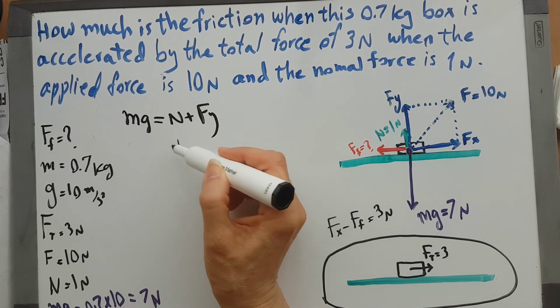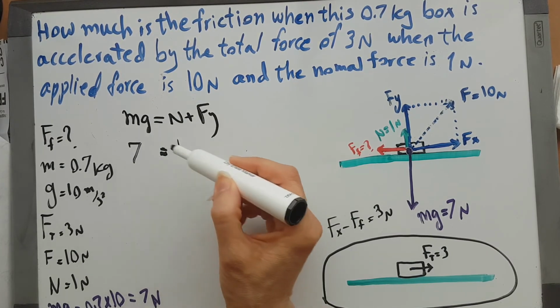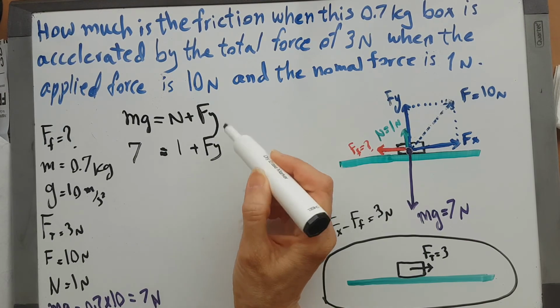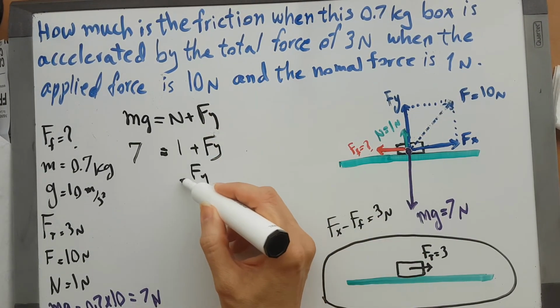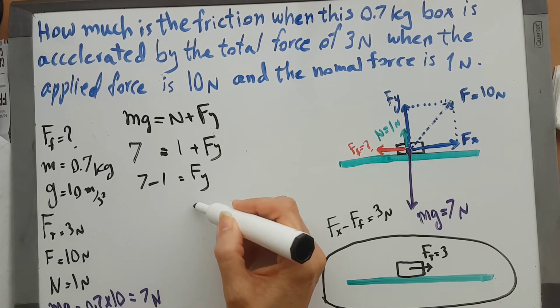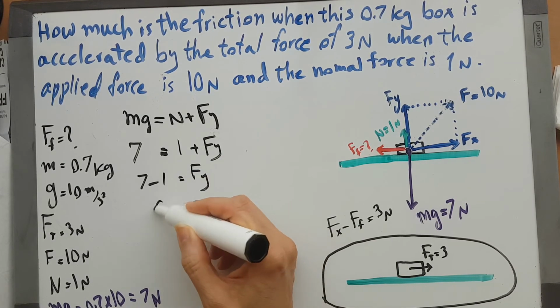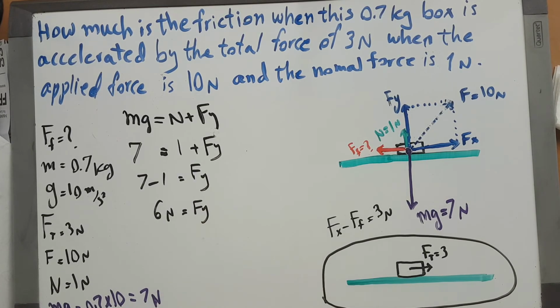I have the N, I have the mg, which is 7. So I can find Fy now. Fy is 7 minus 1. Fy equals 6 newtons. So I found the Fy.